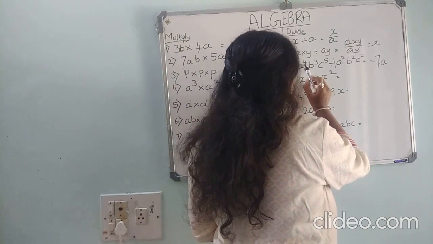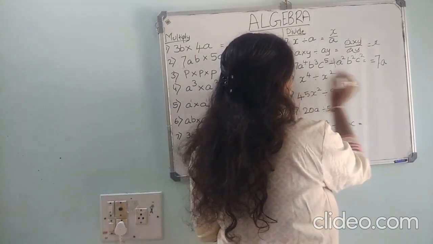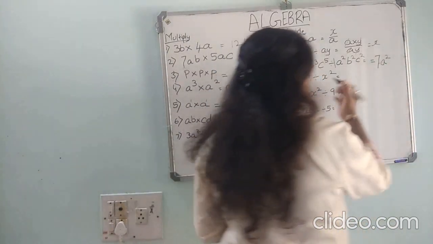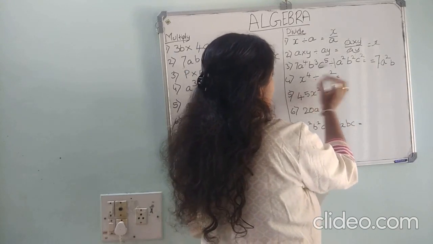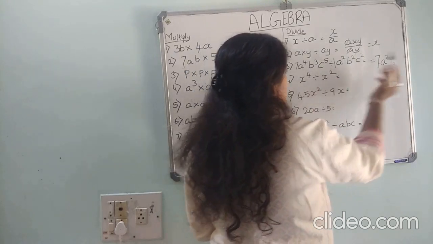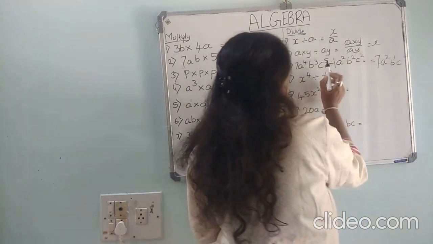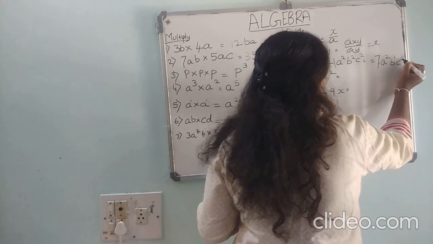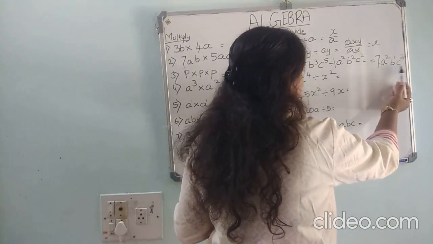So A to the power of 4 and A square: 4 minus 2 is 2. Next B to the power of 3 and 2: 3 minus 2 is 1. Then C to the power of 5 and 2: 5 minus 2 is 3. So the answer is 7A square, B and C cube.